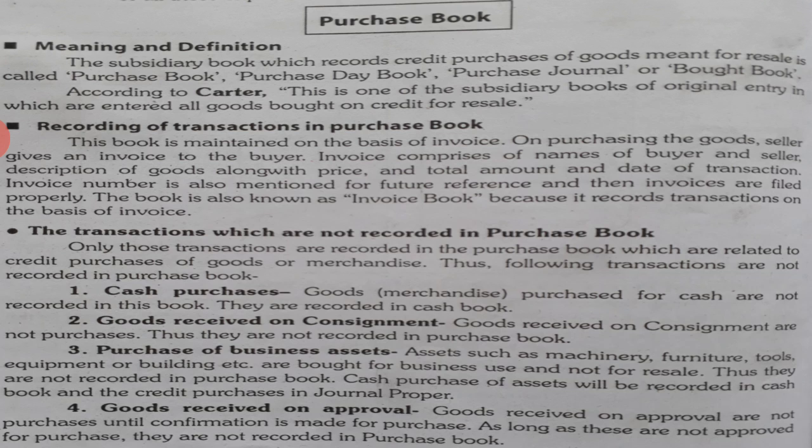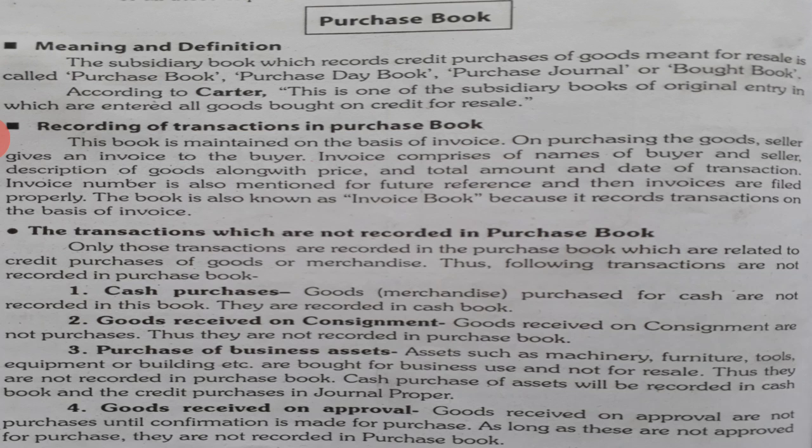Purchase means the goods which are purchased or bought for sale. खरीदने के लिए, बेचने के लिए जो खरीदा गया है वो परचेज है. तो asset is never considered परचेस. गुड्स को ही परचेस में काउंट करेंगे, और कौन सा गुड्स, जो बेचने के लिए खरीदा गया.